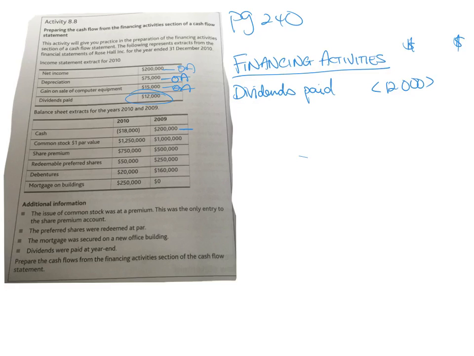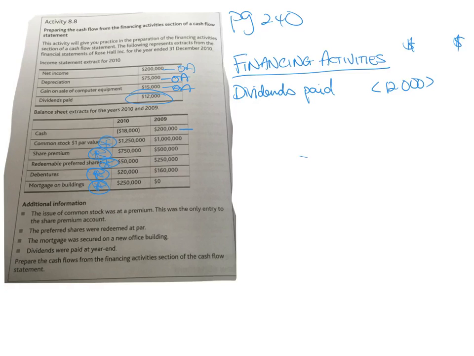We know this is what we'll end the cash flow with. When we look at the common stock, we see there's movement there, so we'll deal with that. Share premium, there's movement there, so we'll deal with that. Redeemable preference shares, there's movement there, so we have to do something there. Debentures, we'd have to do something there. And the mortgage on building went up, so we'll have to do something with that.